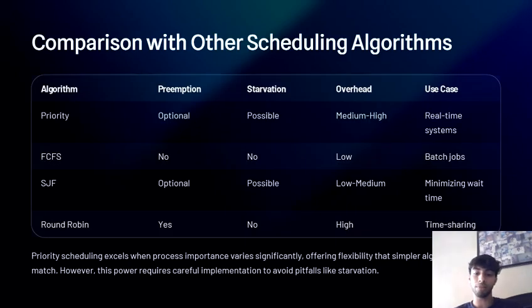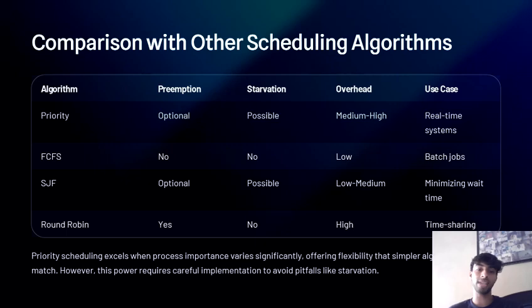Now let's compare priority scheduling with other algorithms. In priority scheduling, preemption is optional, starvation is possible, overhead is medium to high, and it is used in real-time systems. While in FCFS, there is no preemption, no starvation, and very low overhead, and it is used in batch jobs.